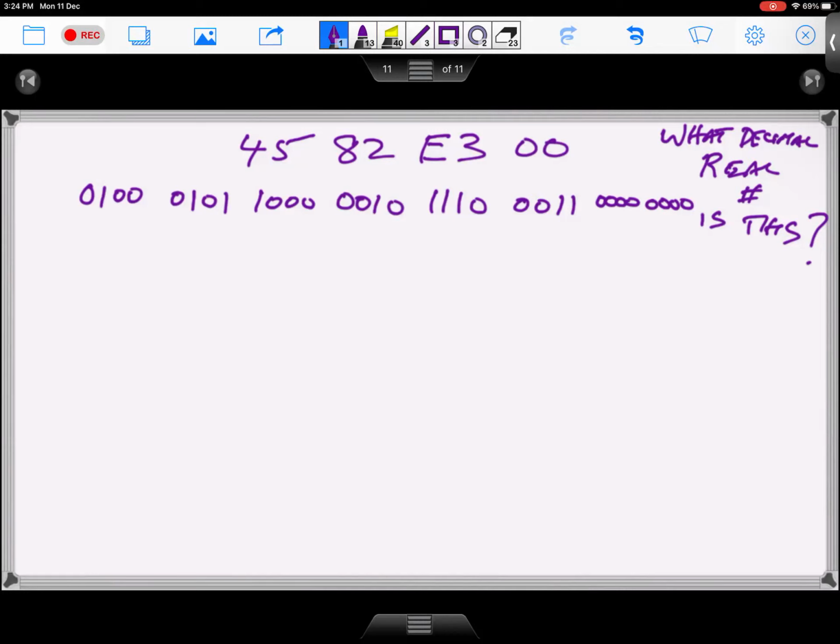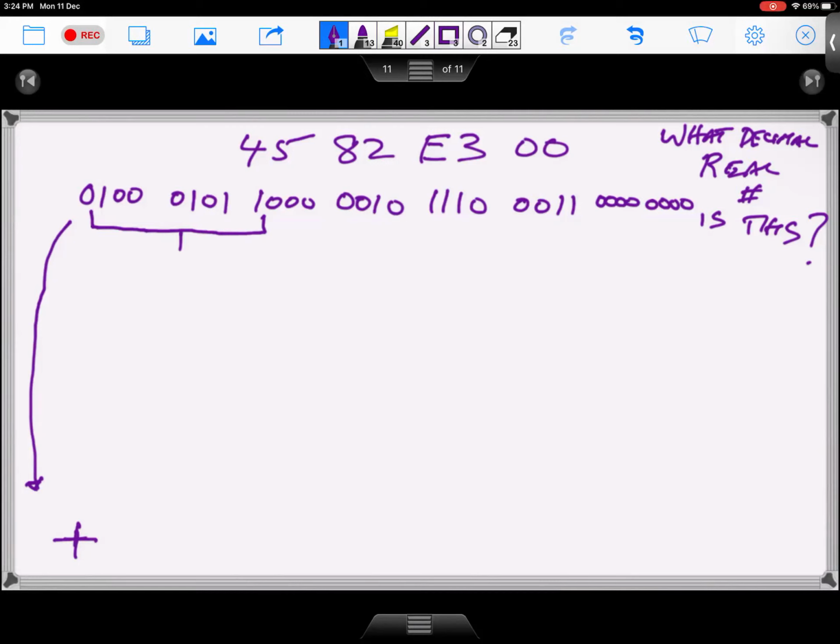Now, what are we doing now? Well, we have to pick off this first bit, which tells us that the number is positive. Right? Positive number. Then we pick off 8 of them. 1, 2, 3, 4, 5, 6, 7, 8. What is that?